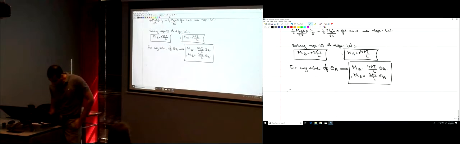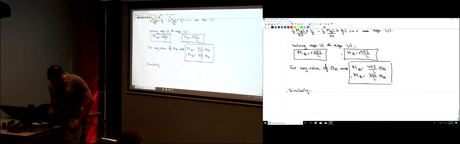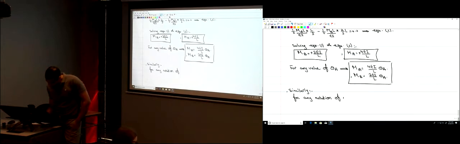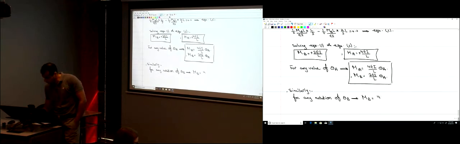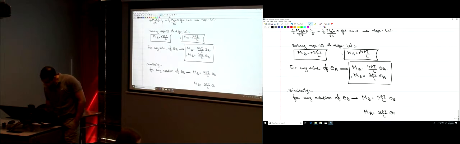So similarly, for any rotation of theta B, you're going to have a moment at point B that is equal to 4EI over L theta B, and you're going to have a moment MA at the opposite side that is equal to 2EI over L multiplied by that theta B.